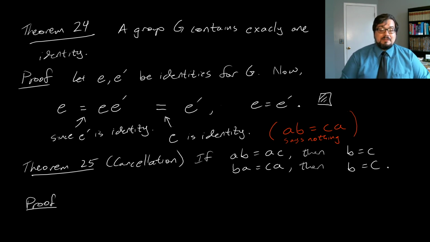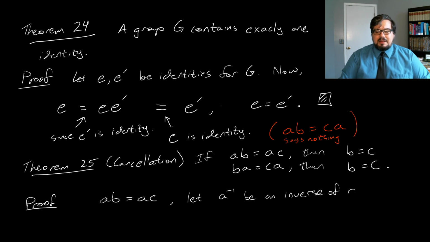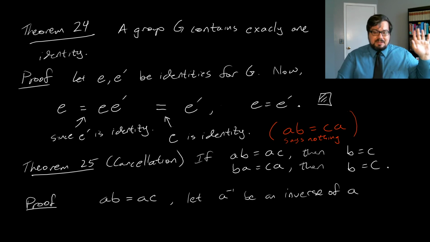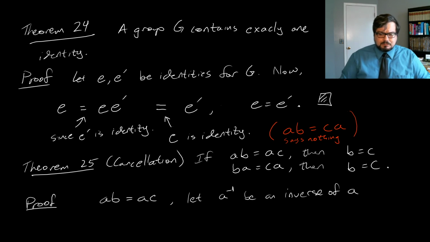Now the proof of Theorem 25 is pretty straightforward. If I have AB equals AC, I can let A inverse be an inverse of A. We haven't yet shown that A has a unique inverse, so we'll just let A inverse stand for any of them. Just pick one.